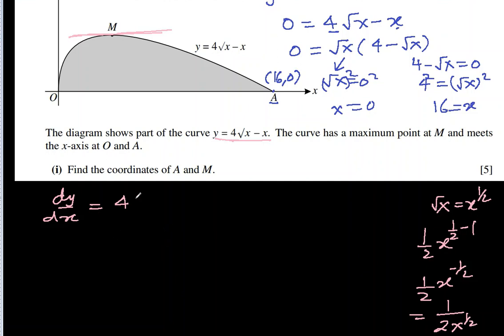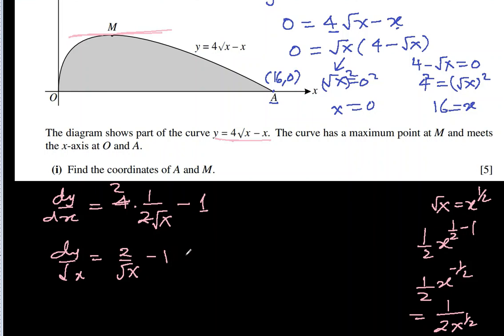The differentiation of square root x we found is 1 over 2 square root x, minus the differentiation of x, which is 1. 2 and 4 can cancel, so we get dy over dx equal to 2 over square root x minus 1.